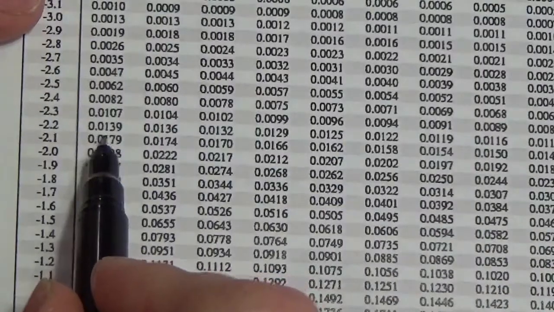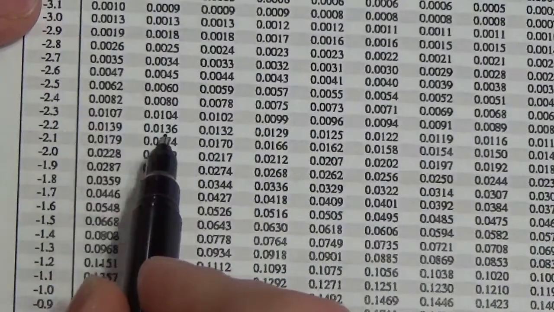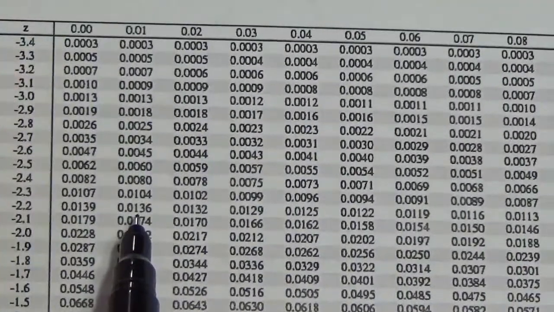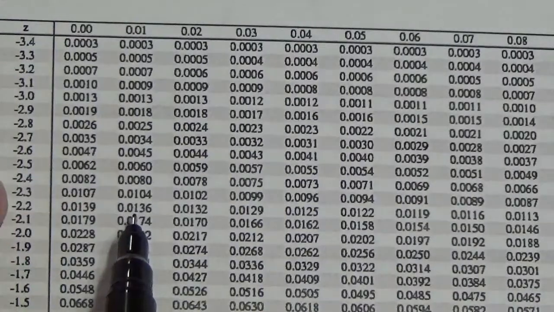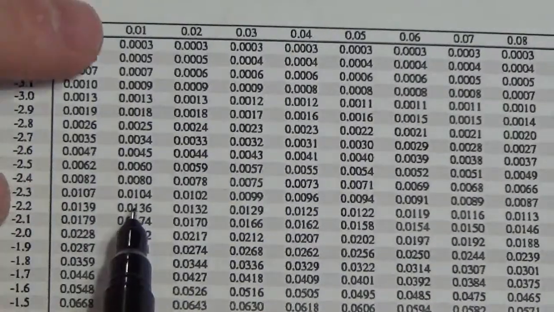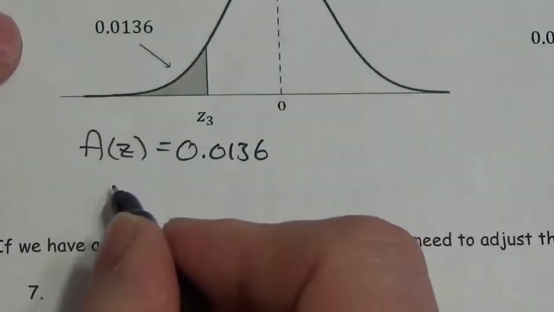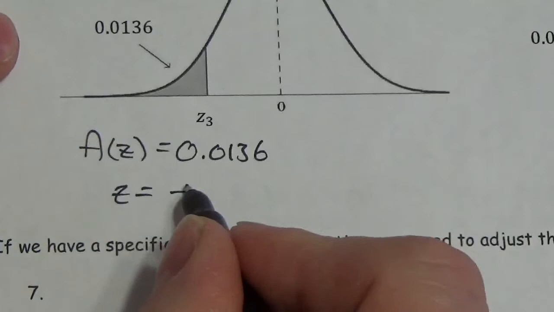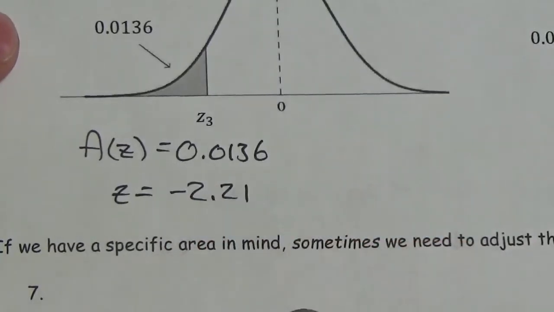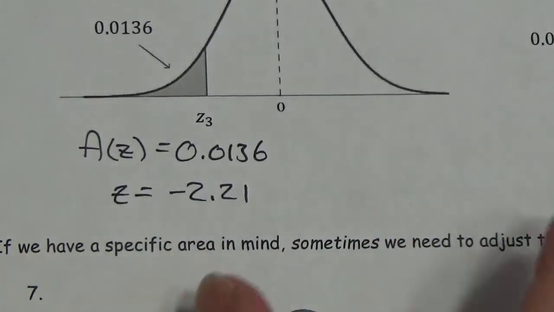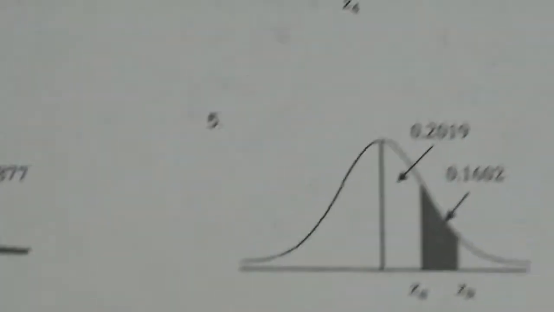Right here, my eye went to the 0.0139, so it's got to be close. Oh, and there it is right next to it. So that's going to be negative 2.21. Z is equal to negative 2.21. Okay, good. Let's keep going.